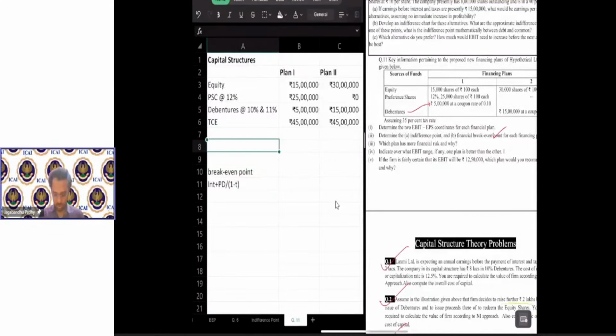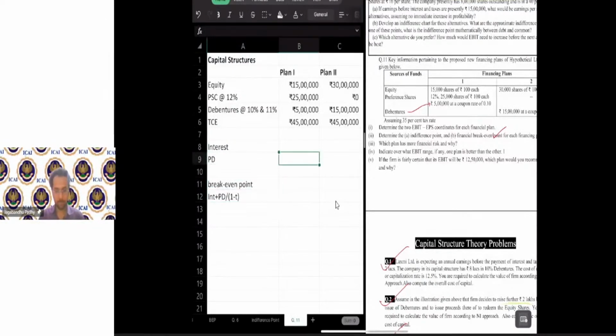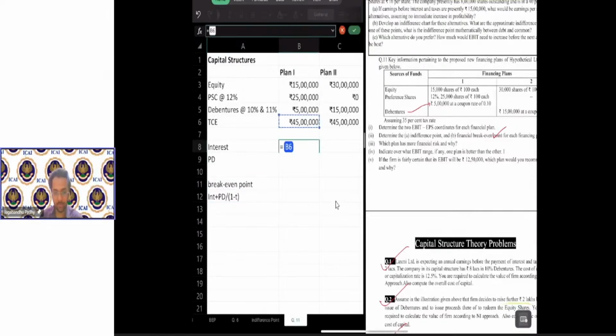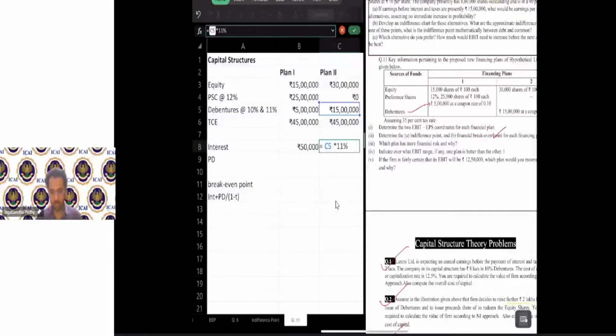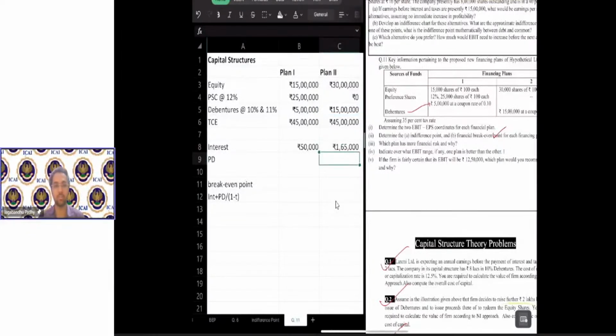So let's talk of interest and preference dividend. Interest will be 5,000 multiplied by 10%. Right, and over here it is 15 lakh multiplied by 11%, which is 1 lakh 65,000 as the interest.